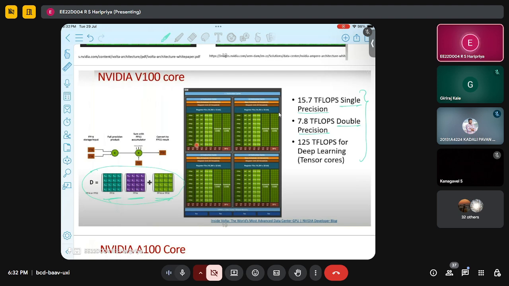In a convolutional neural network, the computation is mainly based on general matrix multiplication. So for acceleration, each core performs this multiplication in one clock cycle.